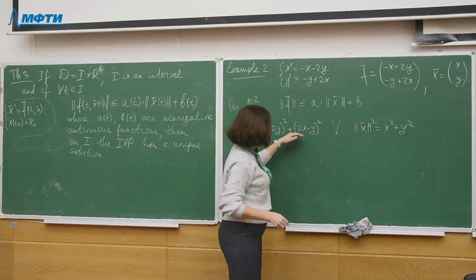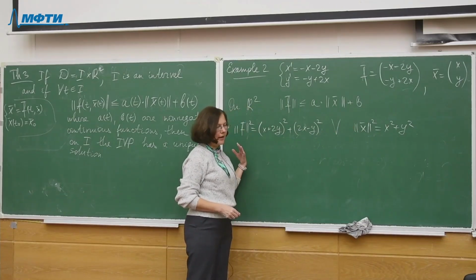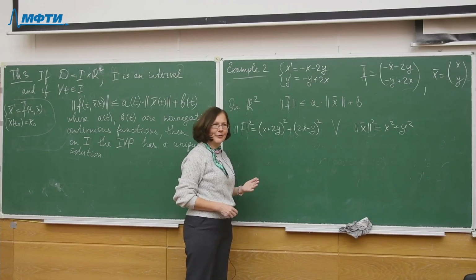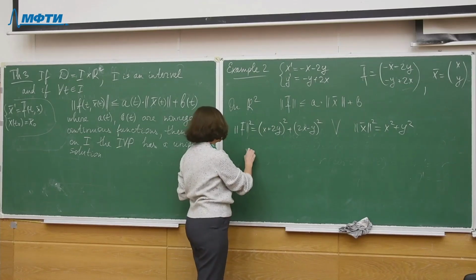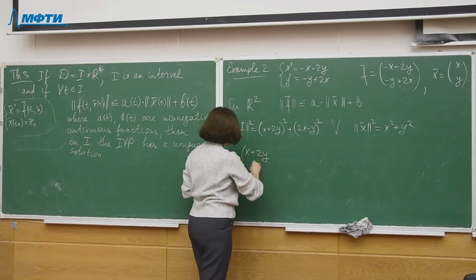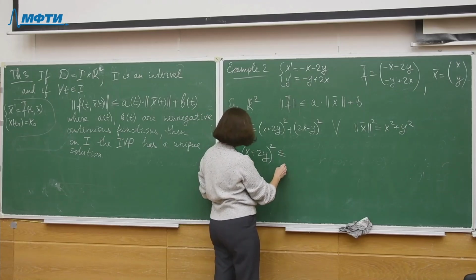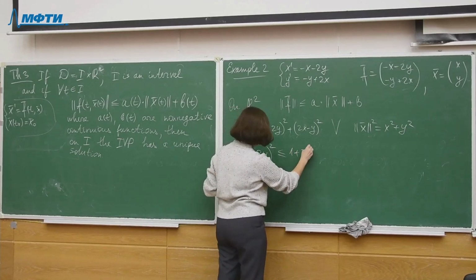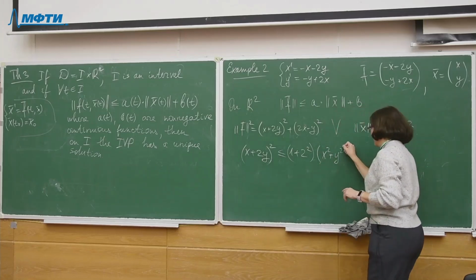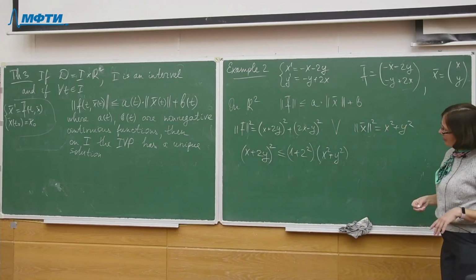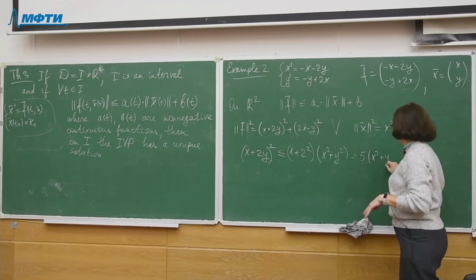How to compare this? It can be done via the Cauchy-Bunyakovsky-Schwarz inequality. By Cauchy-Bunyakovsky-Schwarz, (x plus 2y) squared is less than or equal to 1 plus 2 squared times x squared plus y squared. It is equal to 5 times x squared plus y squared.